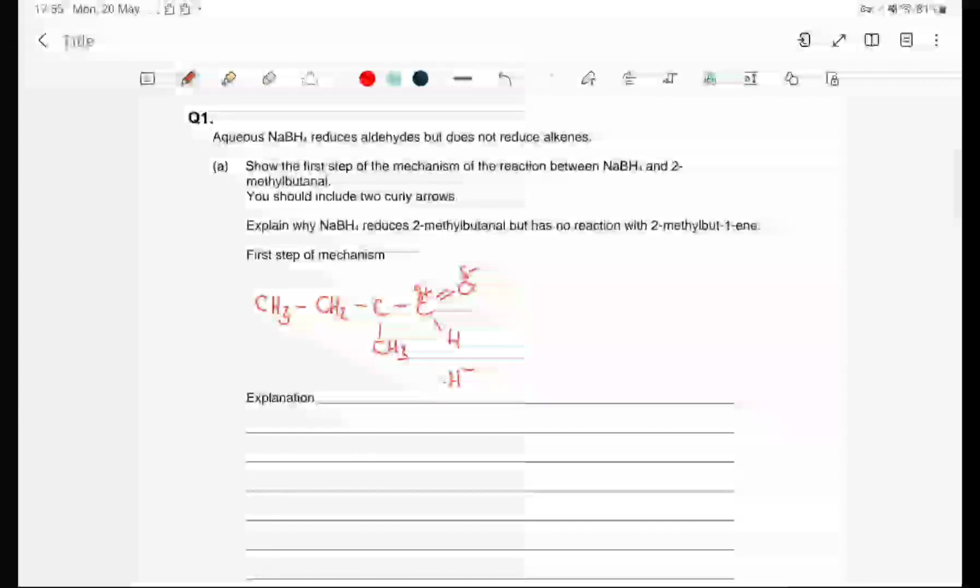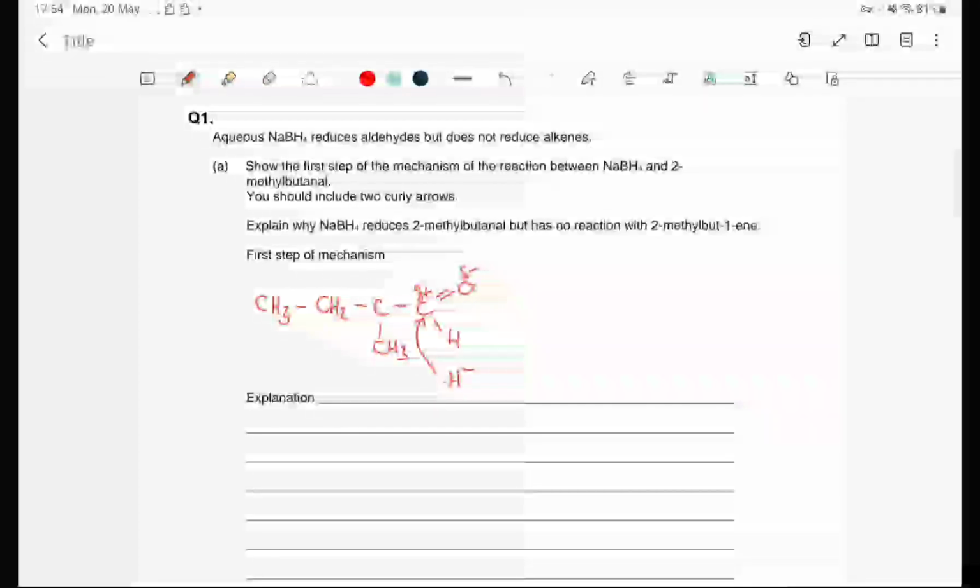It's forming a bond with the delta positive carbon, so we're going to have the curly arrow going to the delta positive carbon. Now, strictly speaking, you are supposed to point the arrow next to the carbon, because that's where the bond will actually be, but your exam board is quite happy for you to just point them at the atoms, like I've done there.